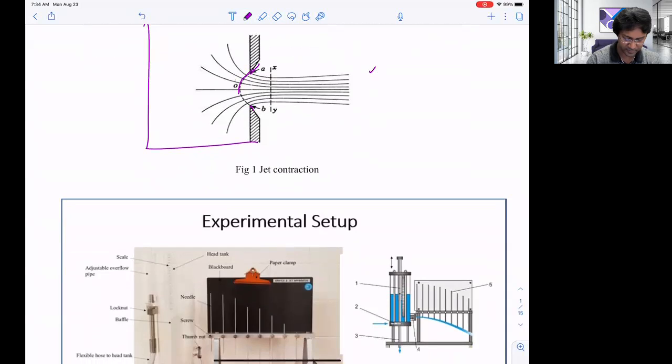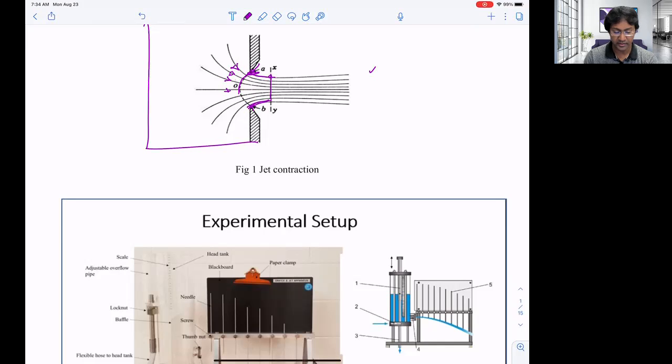And see what is converging, that's the streamlines. These are the streamlines that are converging, and then it is flowing through this hole, and after that it is still converging, still continuing to converge, and at some point it is even more converged than this opening. It is converged here.